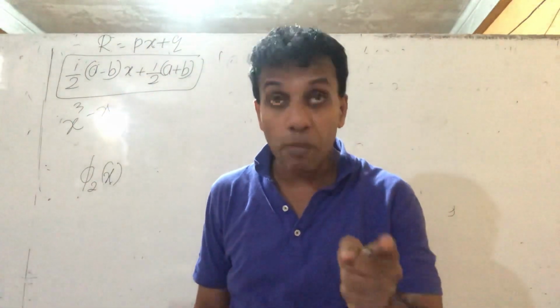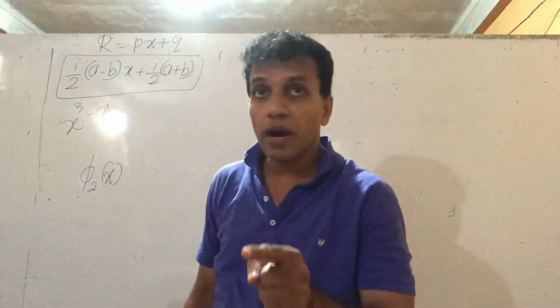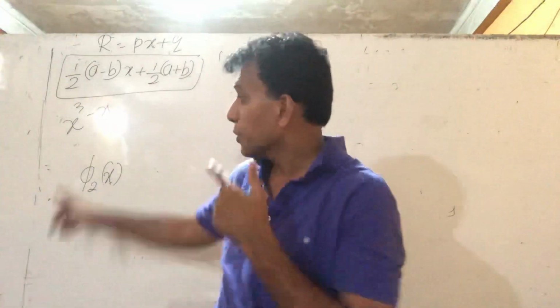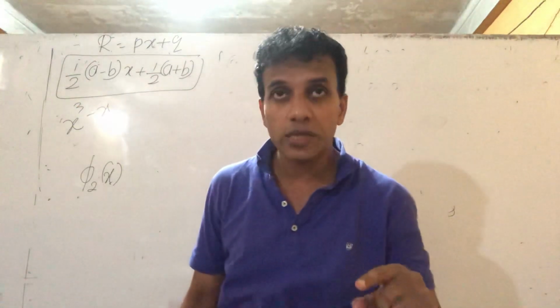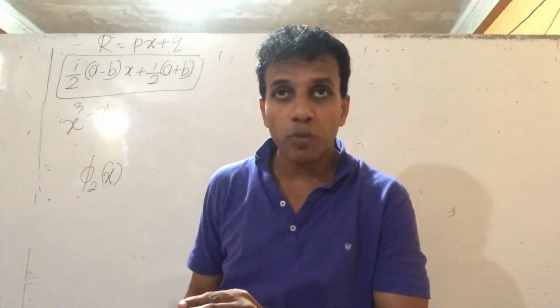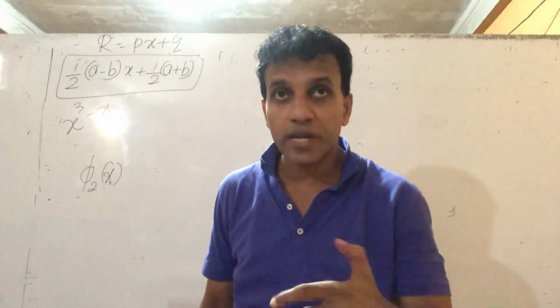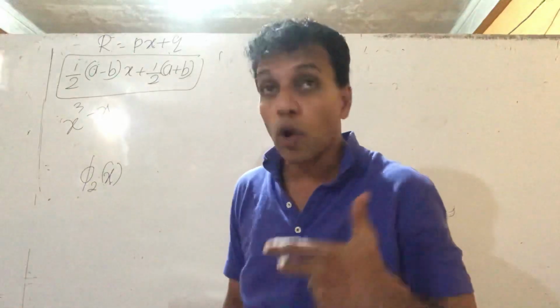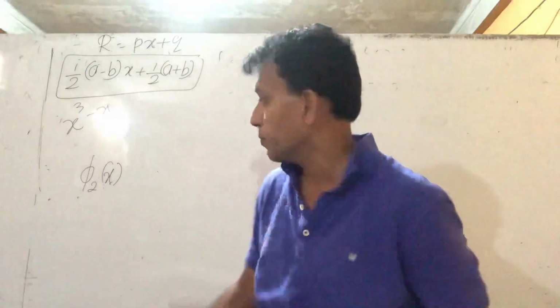Then the remainder, how is the remainder? A cubic polynomial division, the balance is a quadratic pattern.